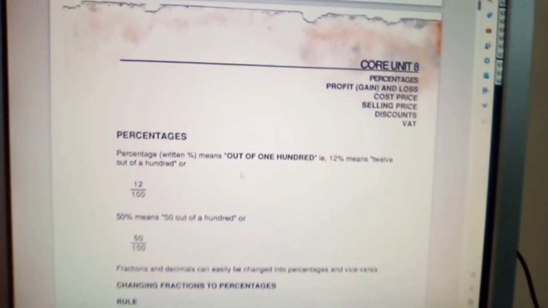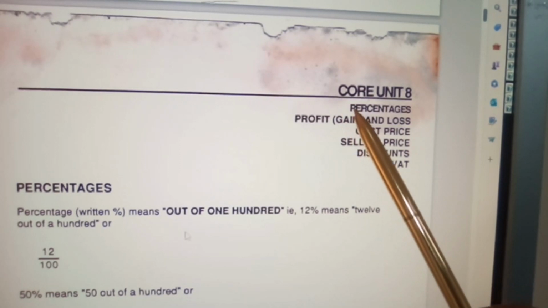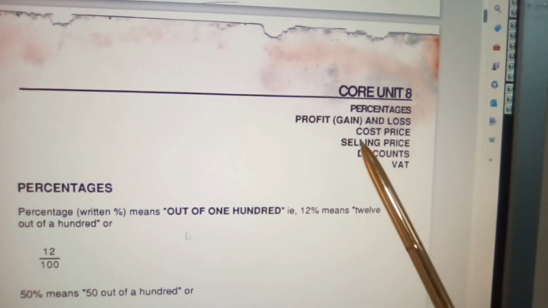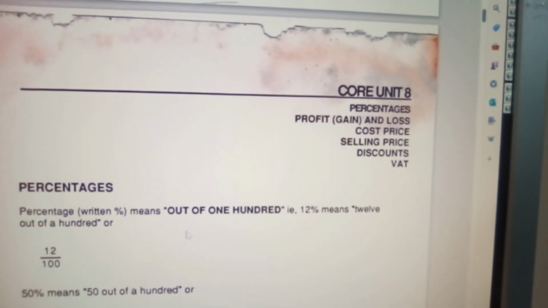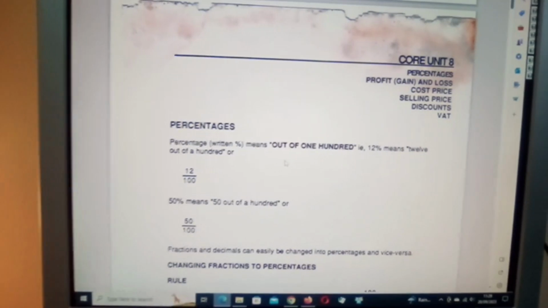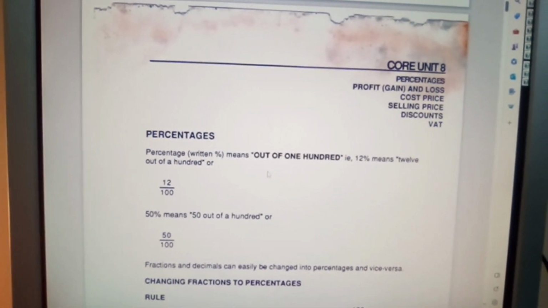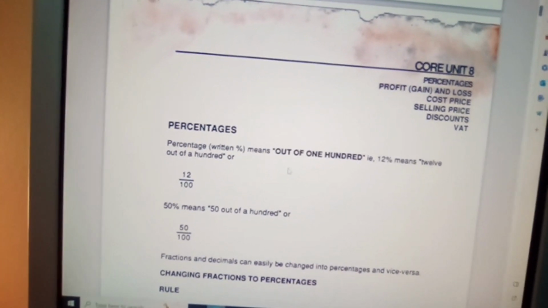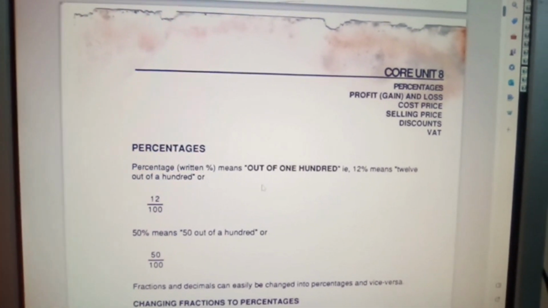And what we're going to look at mainly is percentages, profit, gain and loss, cost price, selling price, discount, and VAT. Now it doesn't matter what the VAT rate is. All we need to do is to remember that we can apply it to accommodate ourselves, because the VAT rate changes all the time.